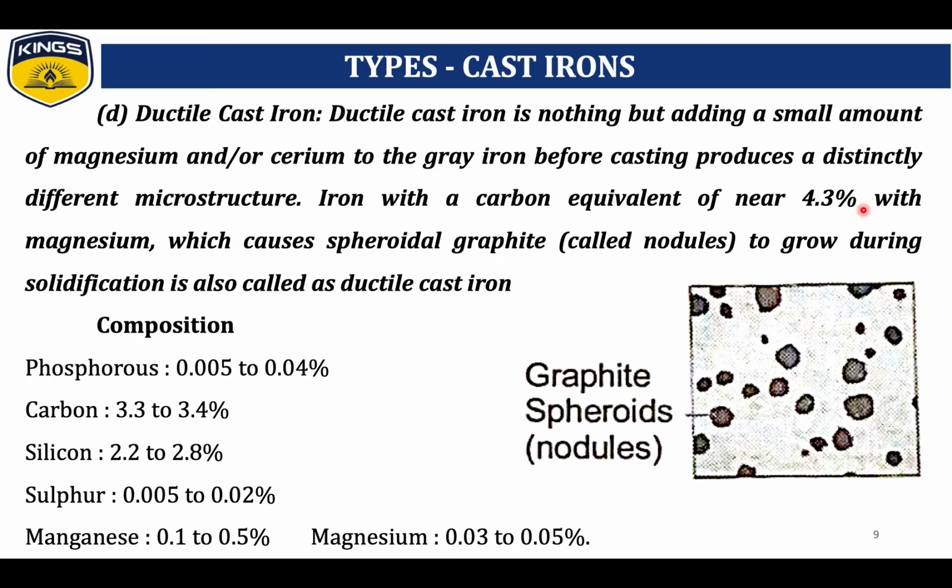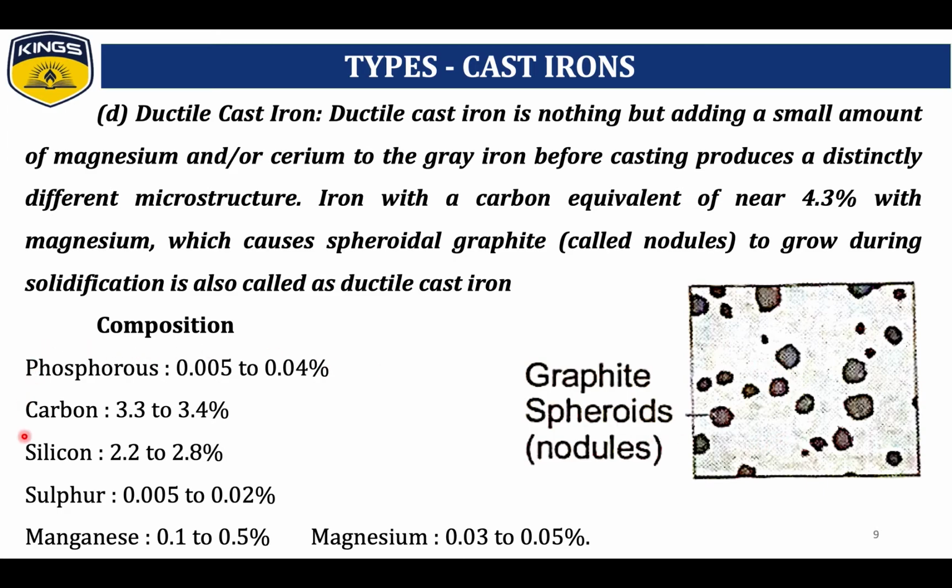These irons with a carbon of nearly 4.3 percentage with magnesium cause spheroidal graphite, also called nodules, during solidification. Here the nodule structure is shown.